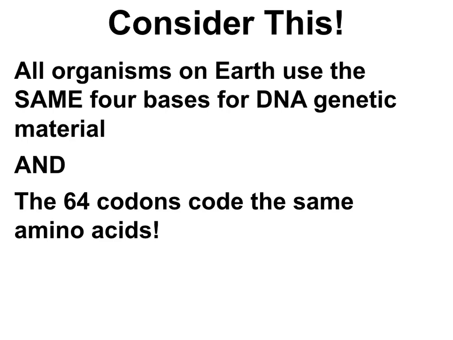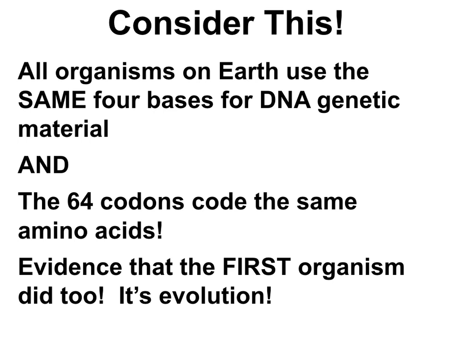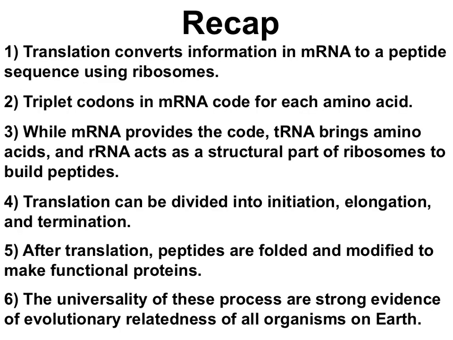It seems unbelievable that every living thing on Earth, as diverse as organisms are, use the same 4 nucleotides for genetic material, the same 64 codon code to code the same 20 amino acids, and even the same machinery to build and move this information around. The similarity of the building blocks and processes is really strong evidence that all organisms on Earth originate from a common ancestor. Let's recap what we've learned in this video.